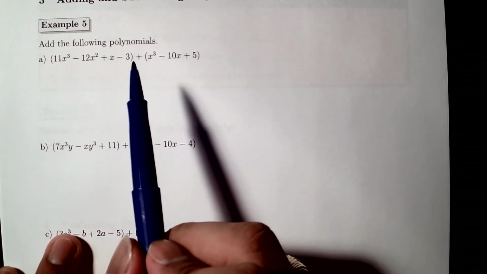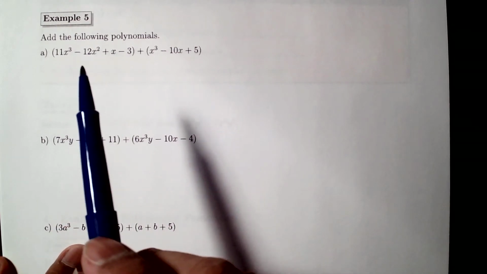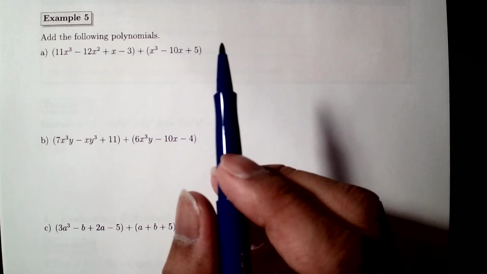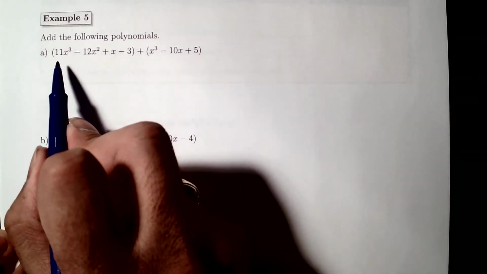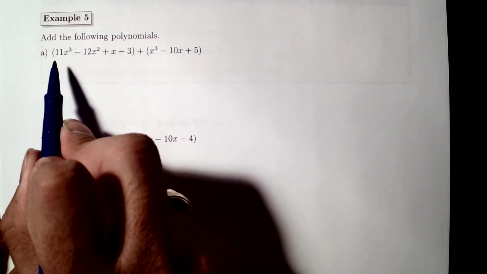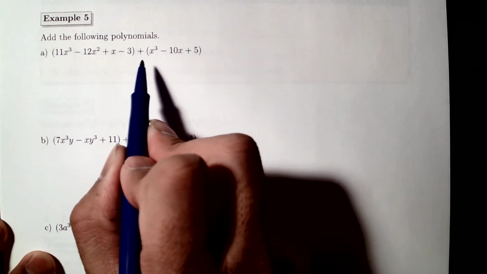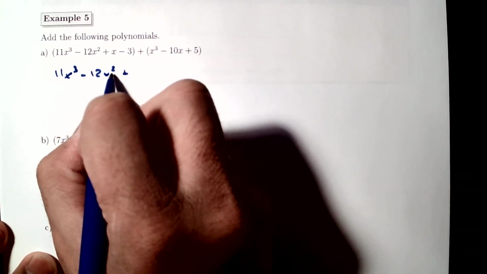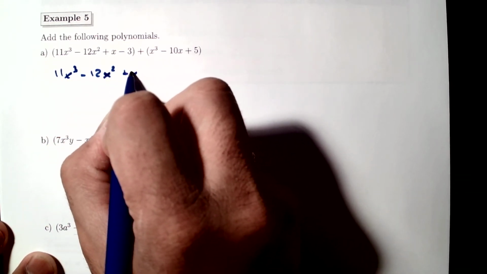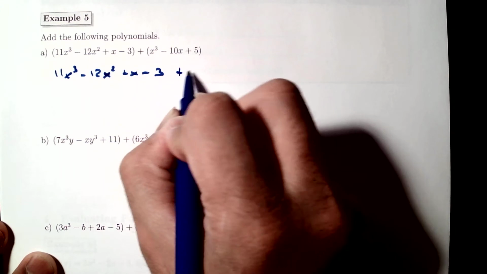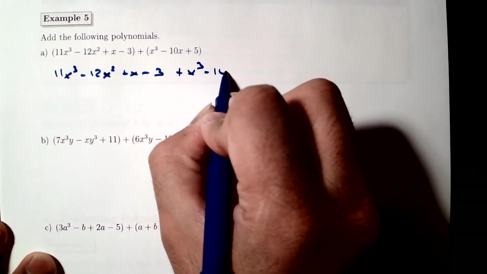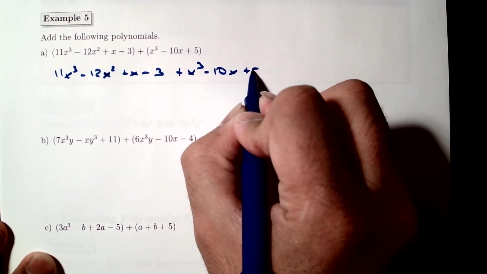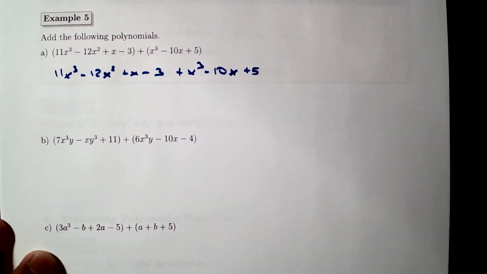In this case we are going to add them only. For adding polynomials, all we do is simply get rid of the parentheses, plus x minus 3 plus x cubed minus 10x plus 5. So we can just do that.